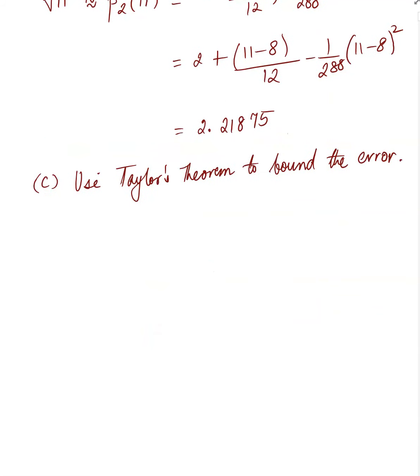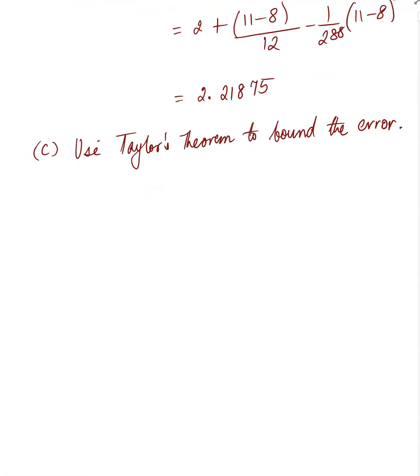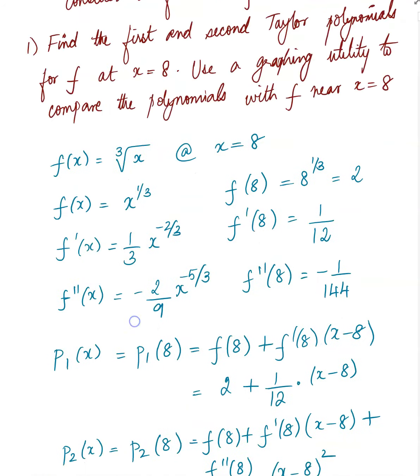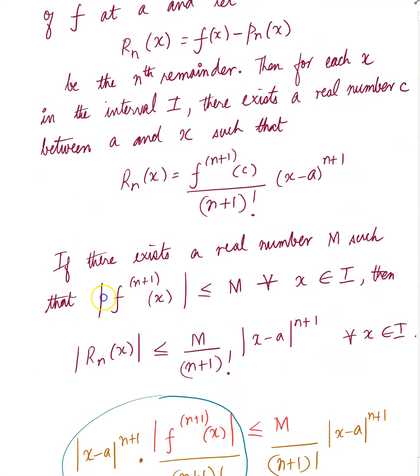Okay. And for that, we use the remainder theorem technically. So we have two things to consider here. You want to look at Taylor's theorem, of course, but also look at the uniqueness theorem. Okay. And so in this case, we have the cube root of 11, right? So if you're looking at the interval 8 to 11, let me take you back quickly here. I need to recall what the theorem was.